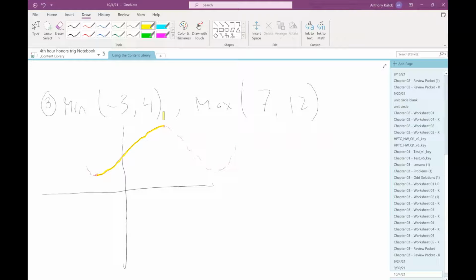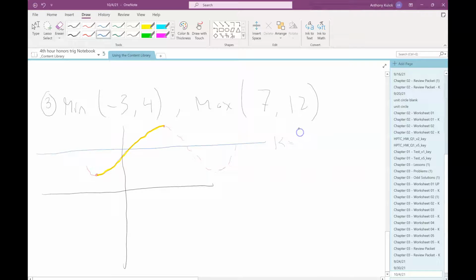Okay. So I'm going to start the same way. I'm going to look for that midline. For this problem, the midline looks like it would be right around there. So it's going to be halfway between the y coordinates, right? So it's basically going to be the average of the y coordinates. That's halfway in between them.